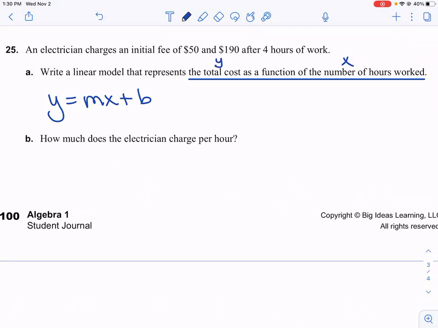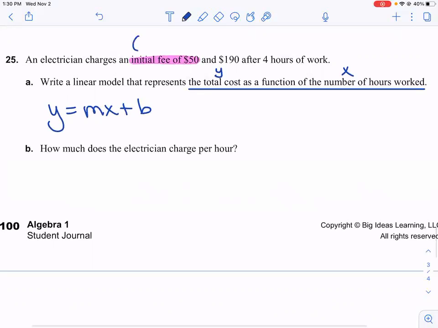Okay, so let's change these into coordinates so we can think of it more like a graph. If y is the total cost and x is the number of hours worked, how could we write this right here as a coordinate? Like x comma y, what's our coordinate? 0 hours have been worked, but we have to pay $50.